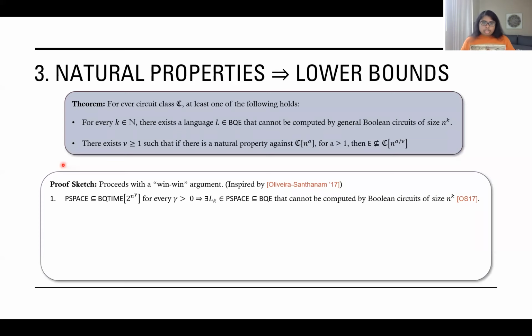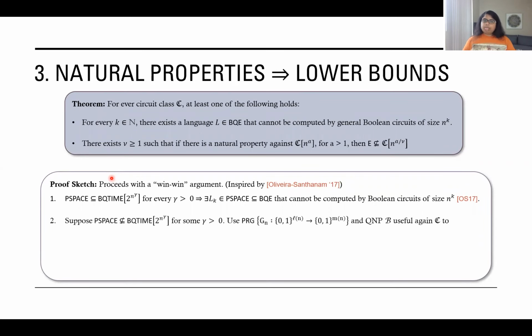Then you can construct this language Lk that is contained in PSPACE, but with just some diagonalization arguments and counting arguments, you can show that there exists some Boolean circuit that will not be able to compute this language Lk. And that kind of gives you your first step. So that is the easy part of it.